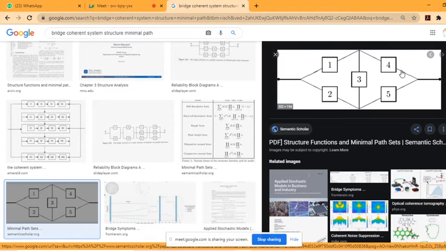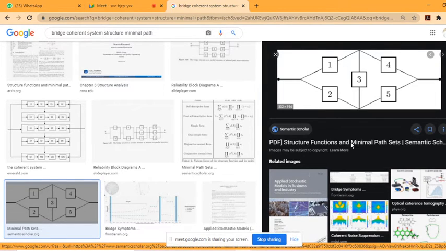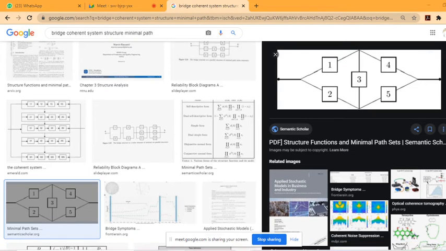So if all the junctions, all the nodes are open or active, we can transmit a signal from here to here easily. Let us copy this image and we can analyze using that figure.